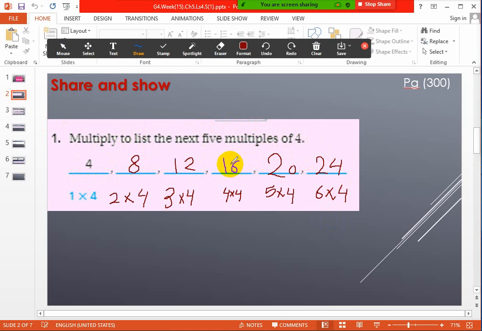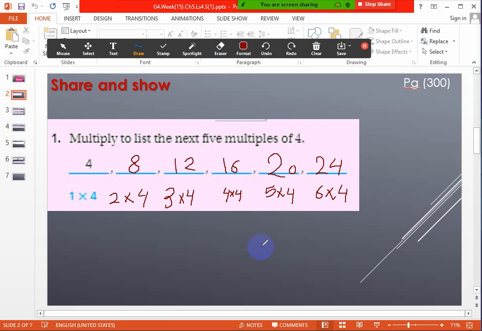So when I ask you to find the 5 multiples after 4, that means I have to find 5 numbers or 5 multiples by using the pattern that we learned. After 1, I have to multiply it with 2, and with 3, and etc., in the pattern or sequence, okay?